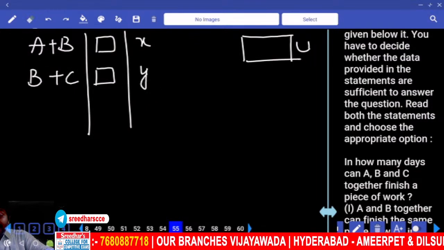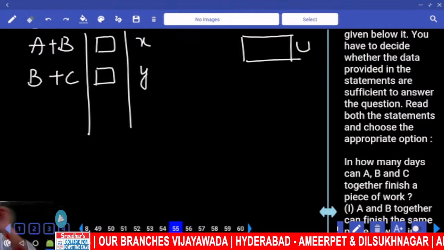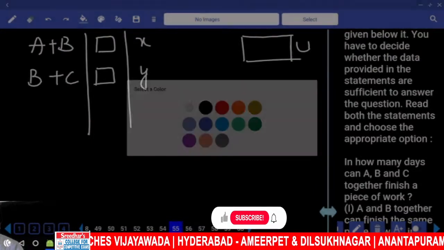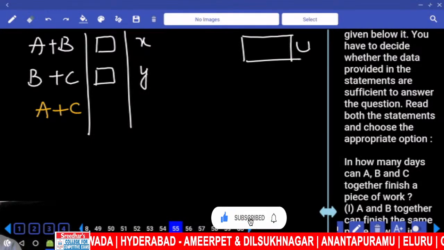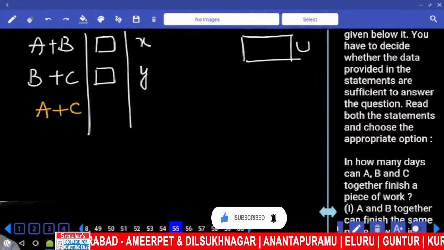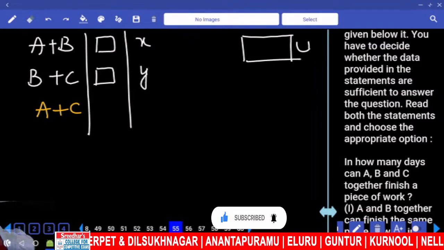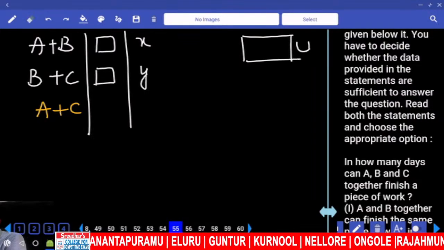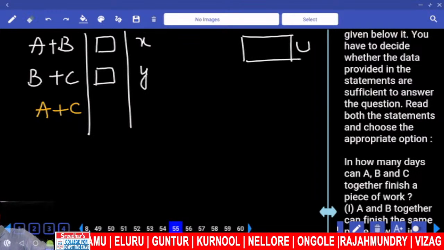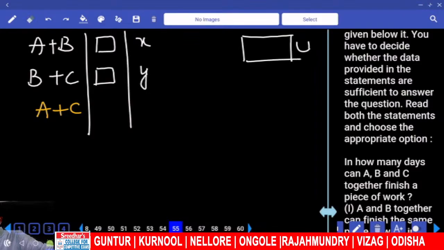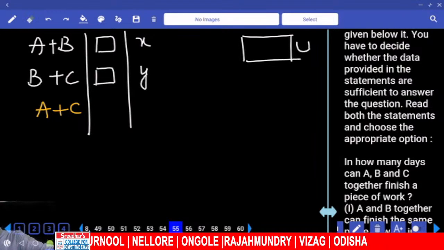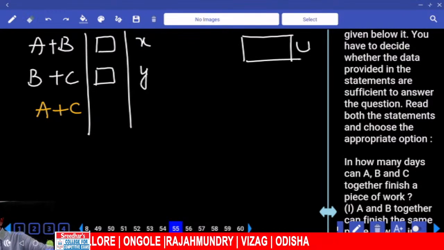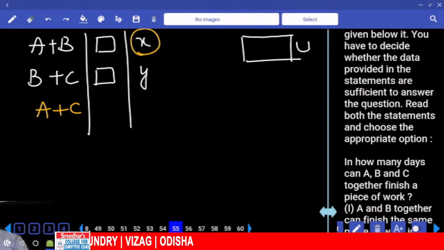Along with this information, we need something else, which can be either A plus C, or an efficiency relation between AB or BC or CA. When you know the AB efficiency relation, say A does twice that of B's work, then AB efficiencies will be in the ratio 2:1. So now X units can be divided into 2:1.